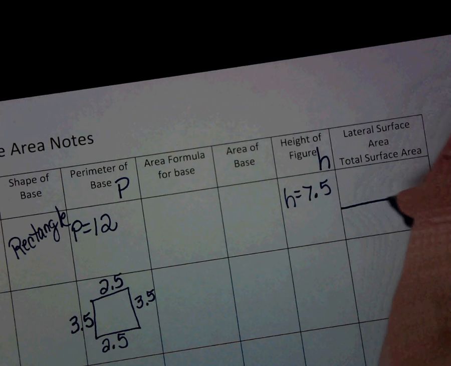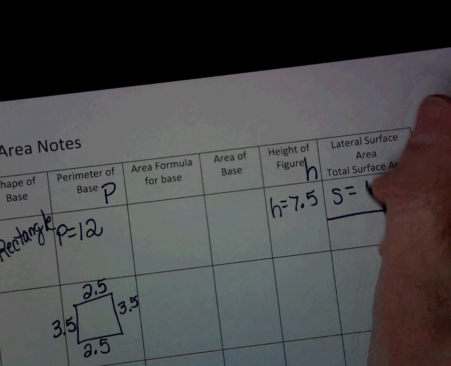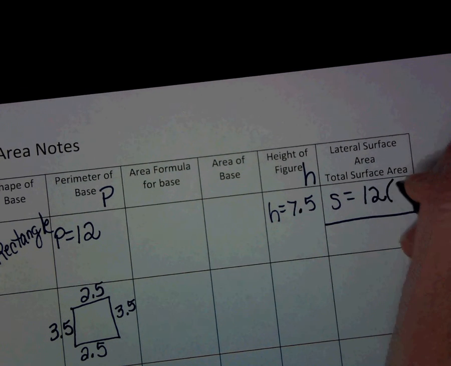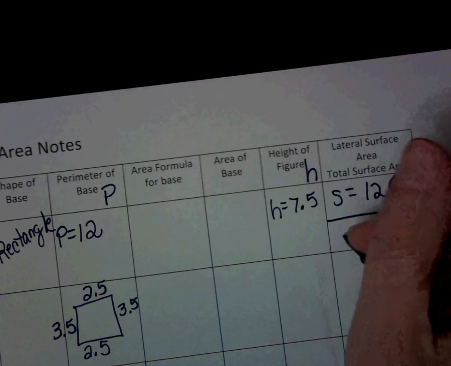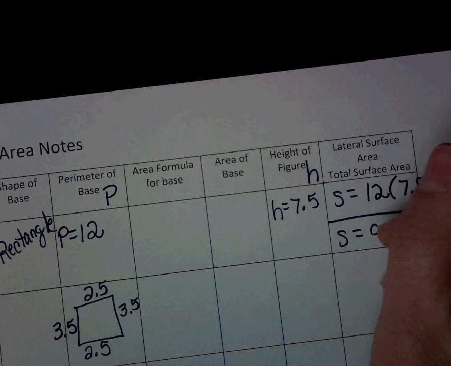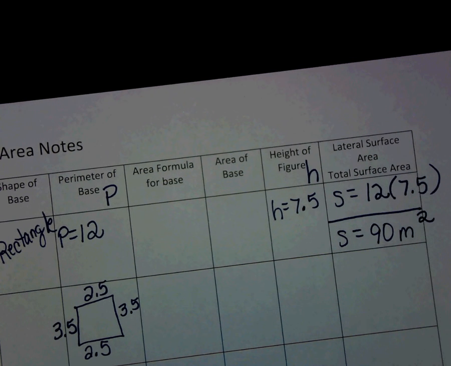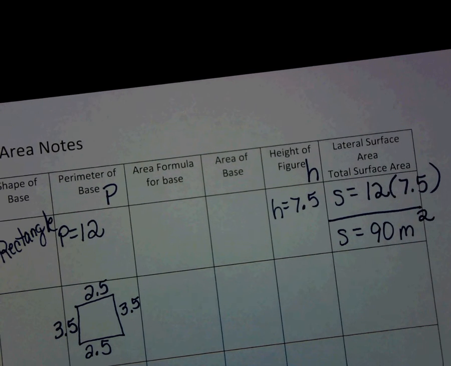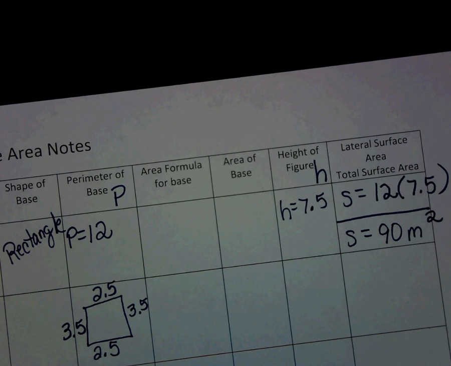So all I'm going to do is 12 times 7.5. I'm picking up my calculator. 12 times 7.5 is 90. So our lateral surface area is 90 square meters. We're still talking area, so we still square our units. And that's all it takes to find lateral surface area of a rectangular prism.